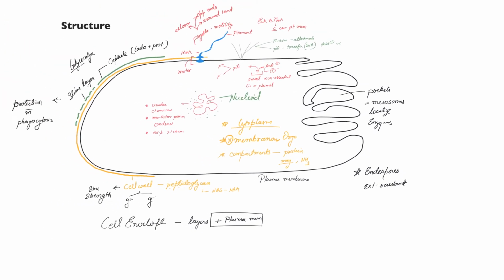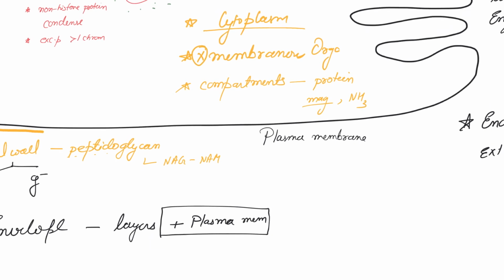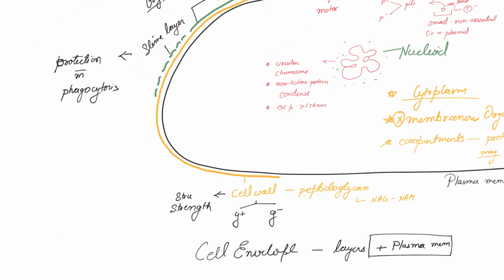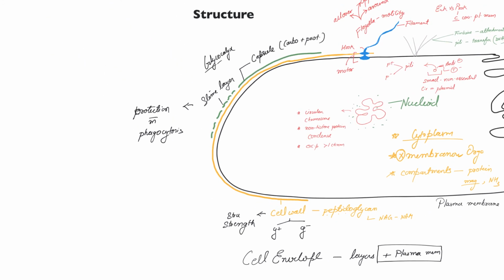So this was what we learned about bacteria. We started with the plasma membrane. We then talked about the various other kinds of layers. We talked about the cell wall, G plus, G minus, gram positive or negative, the staining method given by Christian Gram, which we'll discuss in some other video. We talked about the capsule or the slime layer, which gives some sort of protection.